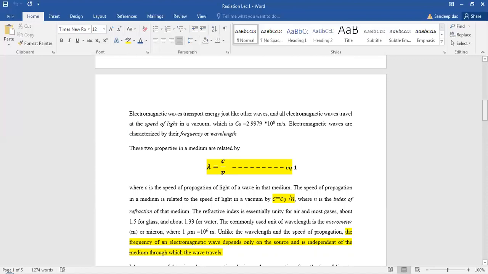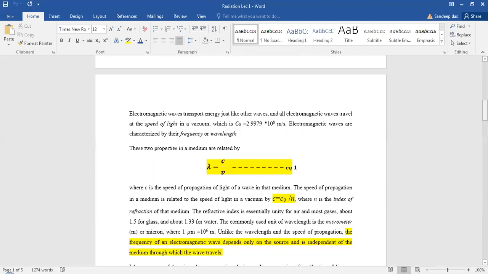They are wavelength and frequency. And this wavelength and frequency are related by lambda is equal to c by nu, where c, as we all know, is the velocity of light in vacuum, which is equal to 3 into 10 raised to 8 meter per second.